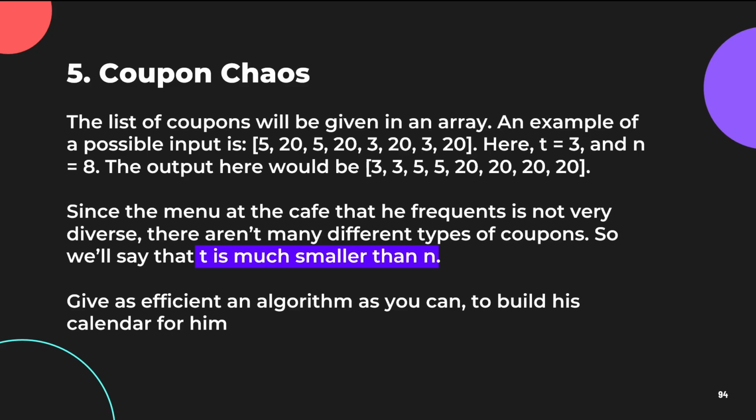Then once I'm done with that, I get all the keys in the hash table. That's usually a method for that. Then I sort those keys, so T log T, in ascending order, and then for each of the values in that new sorted array of keys, I get the value in the hash table, and then I put that amount of coupons I have into my answer array.